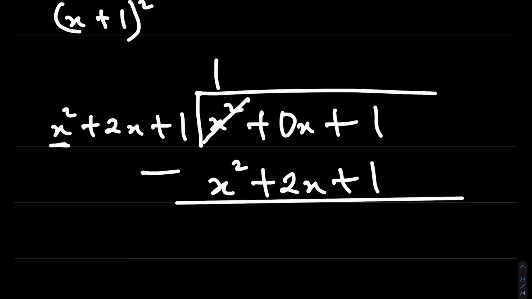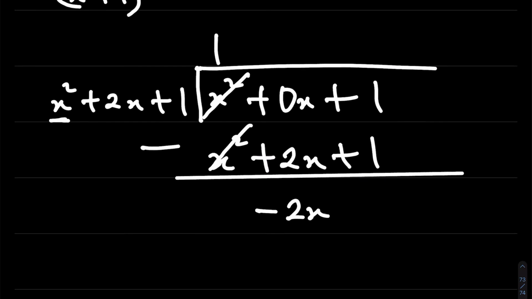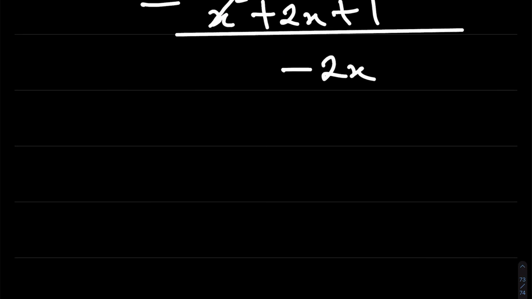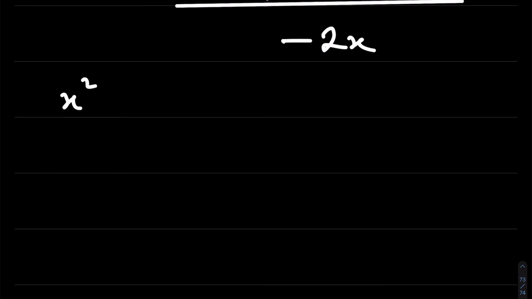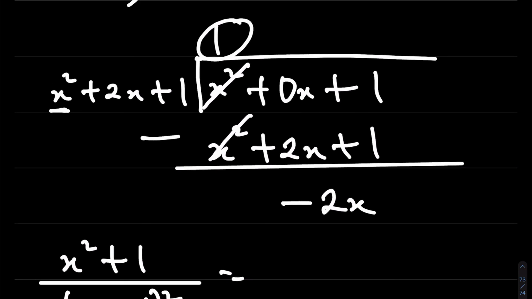x squared minus x squared is 0. 0 minus 2x is the same as minus 2x. And 1 minus 1 is 0. So the remainder is simply minus 2x. So that means x squared plus 1 all over the square of x plus 1 is the same as, you write the quotient plus remainder all over divisor.